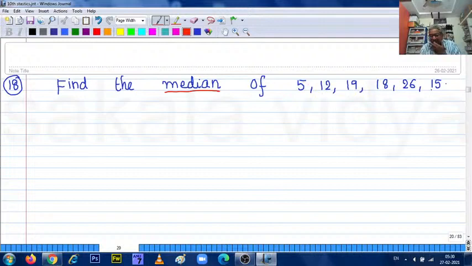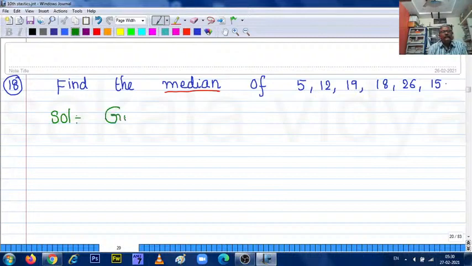Whenever you are asked to find the median, remember that median is a positional measure. So we measure the position of the given data. That's why first of all we need to arrange them in ascending or descending order.